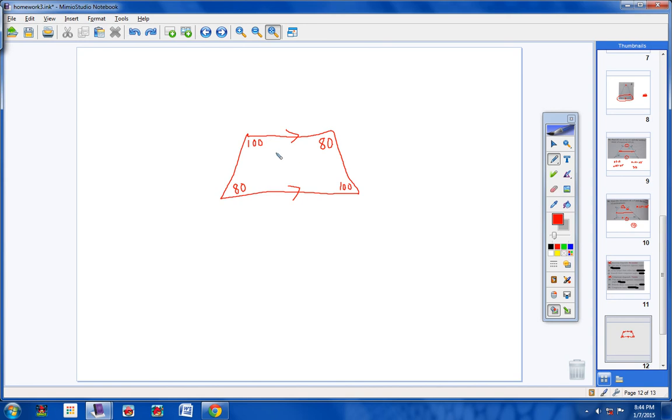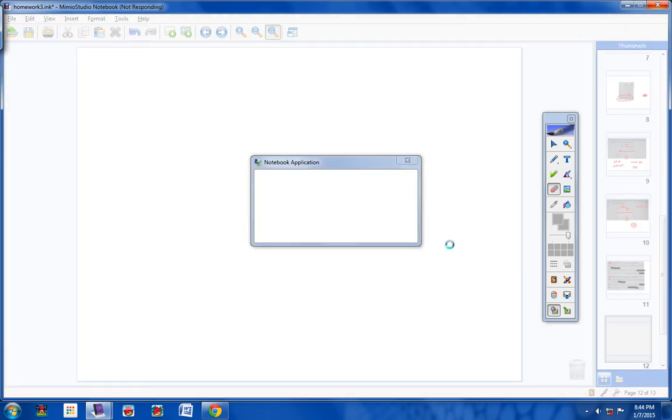So if these two angles here are congruent in a trapezoid, then these two angles here also have to be congruent, and then it can no longer be a trapezoid. It has to be a parallelogram. So no, it is not possible to draw a trapezoid that has opposite angles congruent.